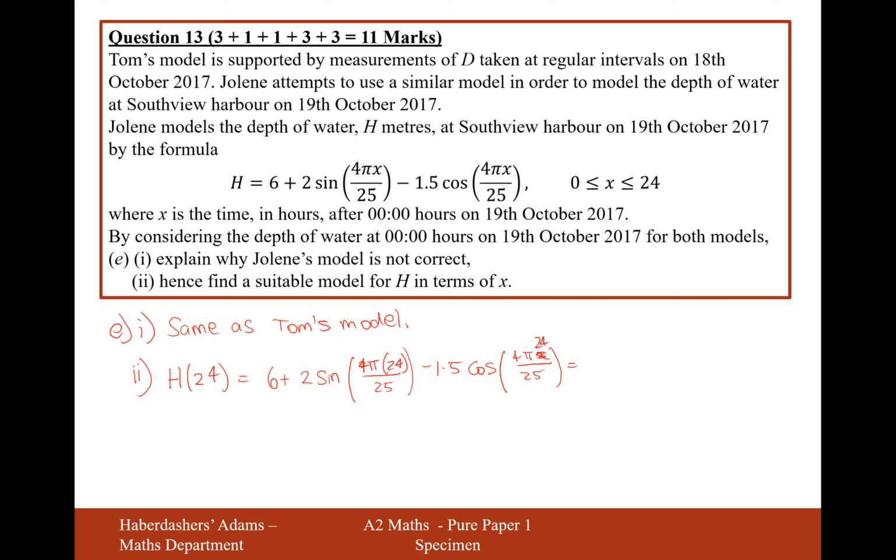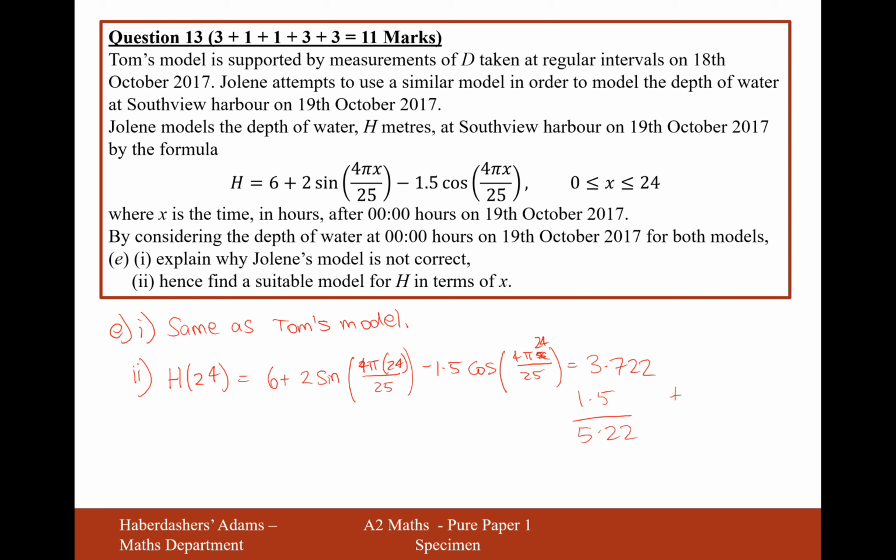We're going to get 3.722. But remember, the height at time 0 is 1.5, so we now need to add 1.5 onto this, for the fact that we are going to be subtracting this value on Jolene's time anyway. So add 1.5 and we get 5.22.